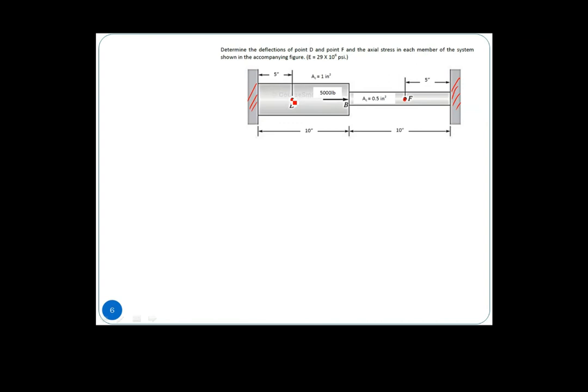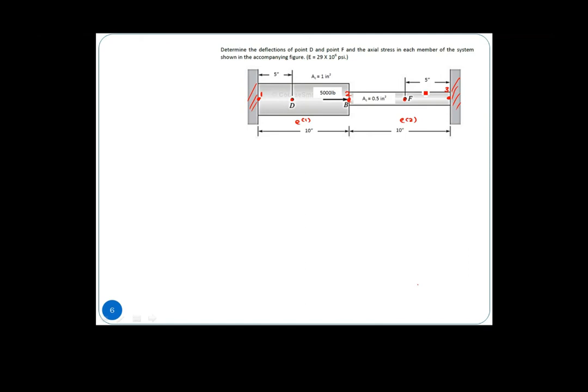What we can do here is split into two elements. So here we have our element number 1, element number 2, and then we have 3 nodes: node 1, node 2, node 3. Of course, we can put more nodes, including node D and node F, then the nodal deflection will be reflected in the solutions.